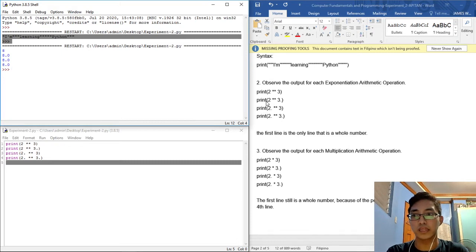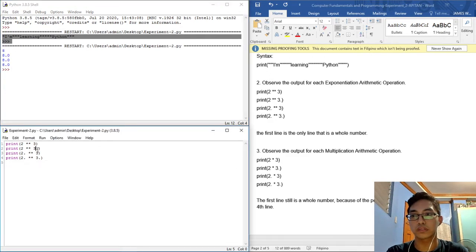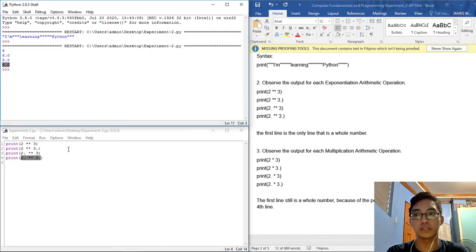While the second and third lines are not integers but floats, or decimals. That is because the second and third lines consist of an integer and a float. Because of the period here, Python recognized this number as a decimal. And here we have two decimals, and that will be the result, also a decimal or a float.